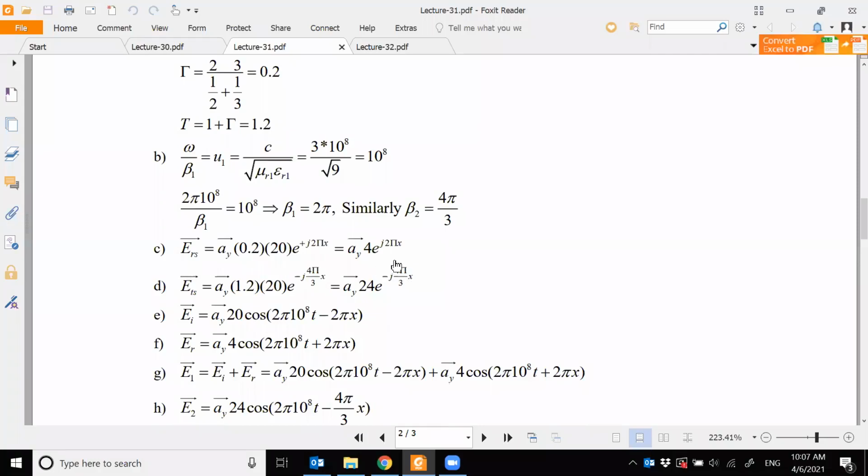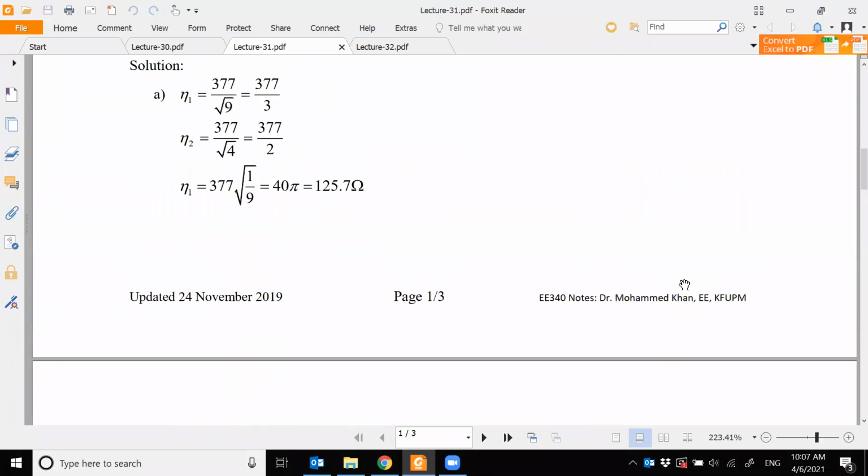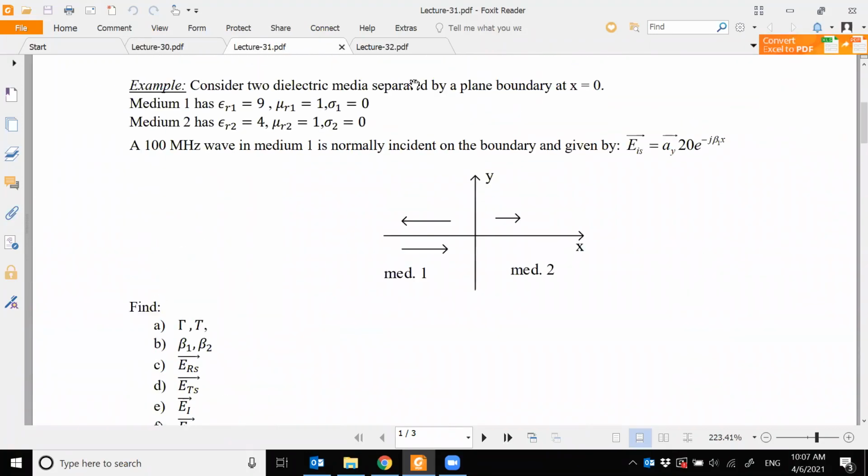Now, what is the reflected electric field in the phasor form? As you can see, our incident electric field is moving in the positive x direction, and it has a component along the AY direction.